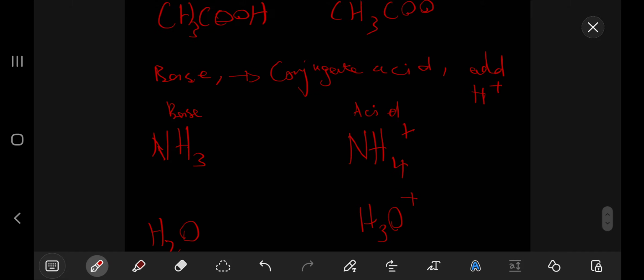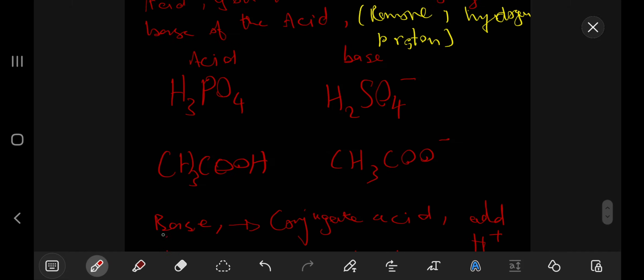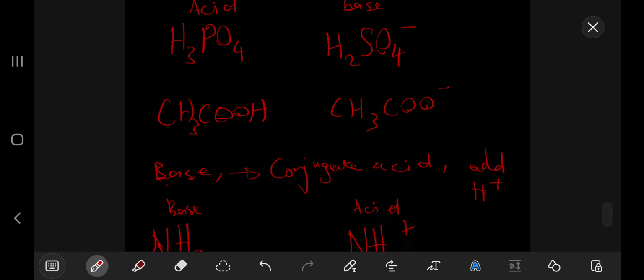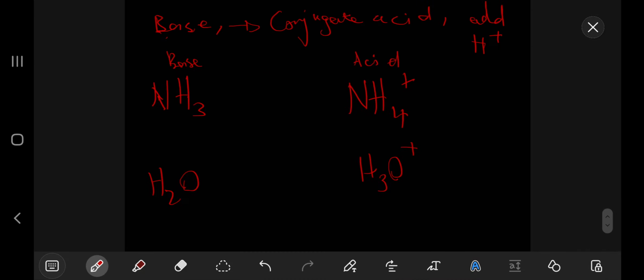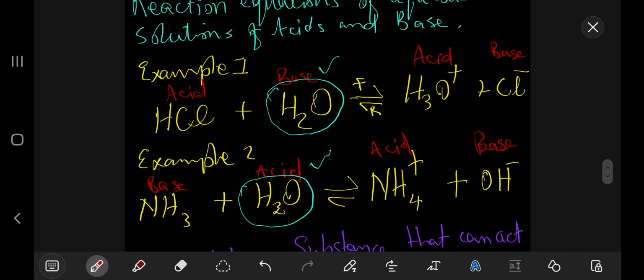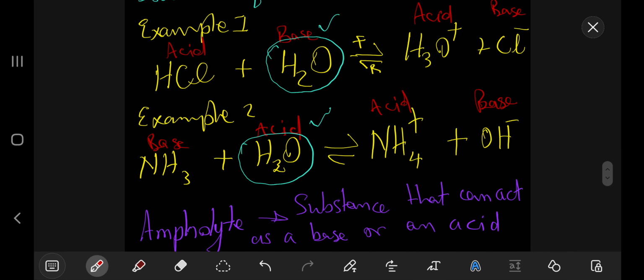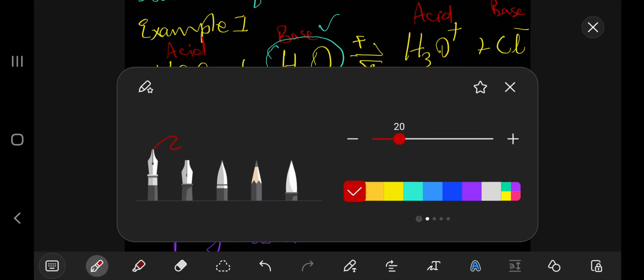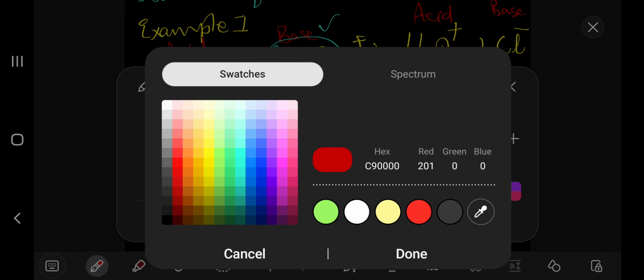So this is the basic method of determining the conjugate pairs. If you have an acid and you want the base, subtract a proton. But if you have a base and you want the acid, add a proton. But what about from these reactions? You just label them.